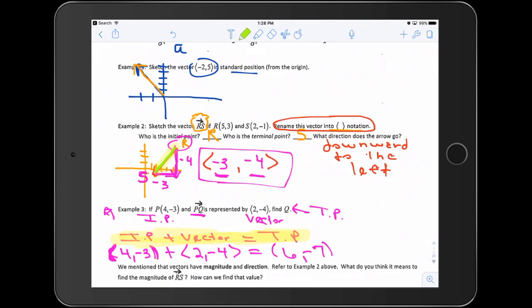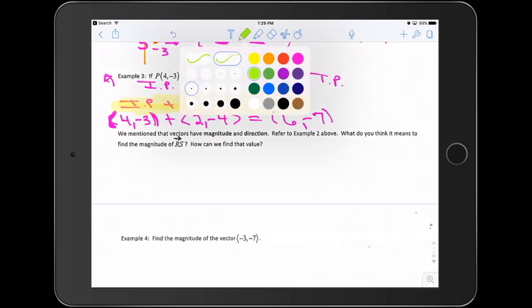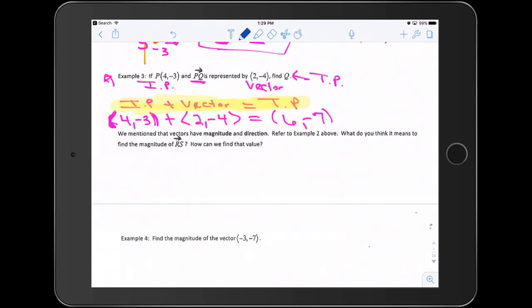And if you look at that, that will be the magnitude, and what you do is you have a right triangle, and of course if we have two sides of a right triangle, we just use Pythagorean theorem to find the magnitude or the size. So let me go back to a reasonable color here and remind you that RS, the vector RS from example number 2, is the component -3, -4.